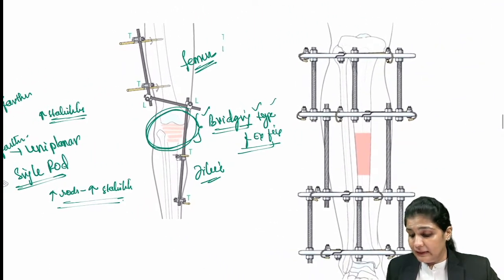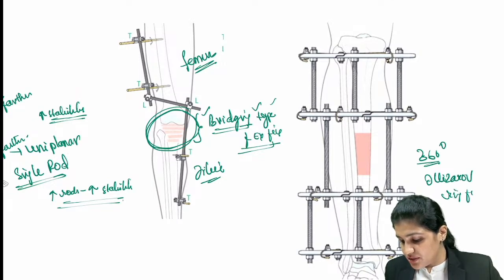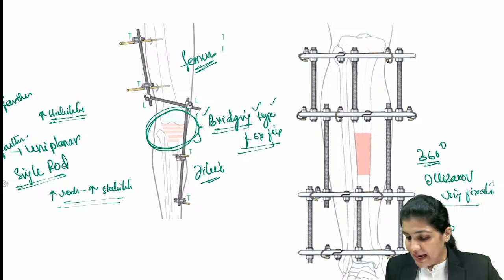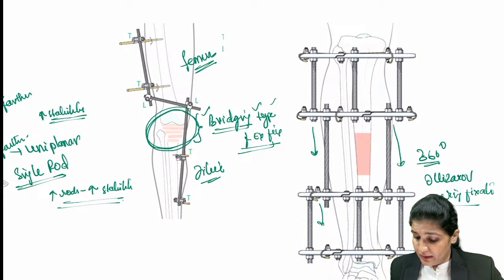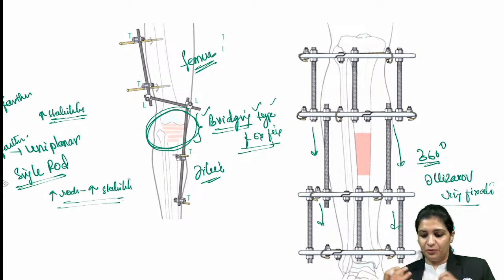And here this is a 360 degrees, that is your Ilizarov ring fixation. In case of Ilizarov ring fixation, you can see these rings, right? And these are the connecting rods, and you give the stability round about the fracture.